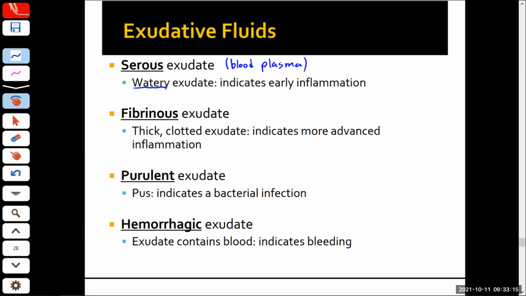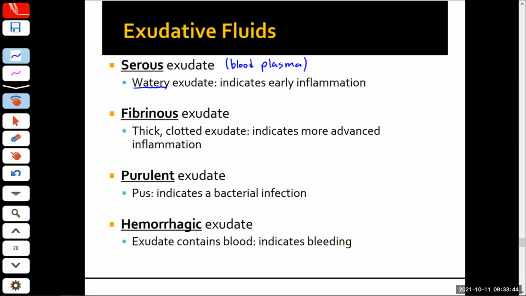Is it kind of like discharge? Yeah. You can say serous discharge. Typically, when you're talking about fluids coming out, you say exudate, but that's fine. I'll always refer to it as exudate. I won't say discharge, because for some reason I think discharge comes out with some velocity. So I'm just saying it's leaking out.